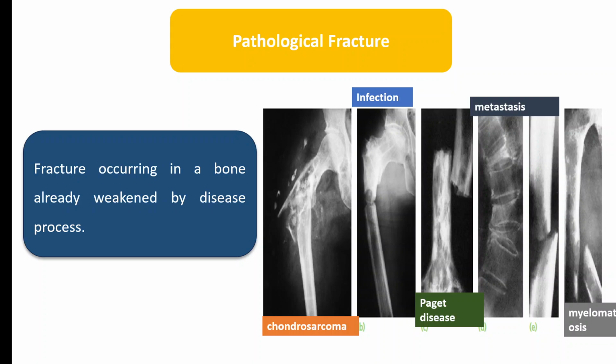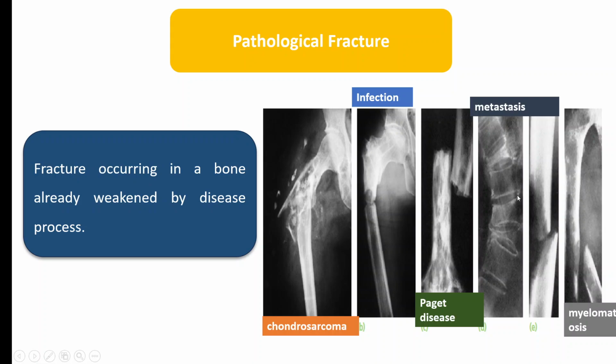So in the first picture we can see the bone, there is a fracture and the bone is weakened by a tumor, chondrosarcoma. In the second picture there is also a fracture, and the fracture is occurring in a bone weakened by infection. In the third picture, this is a picture of Paget disease and there is a fracture, so it is also a pathological fracture.